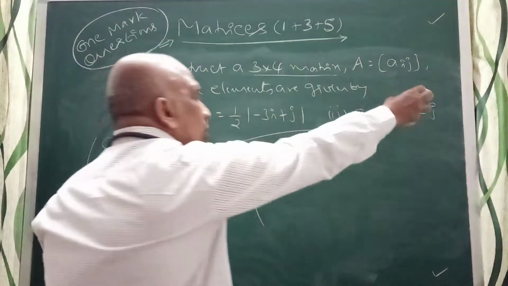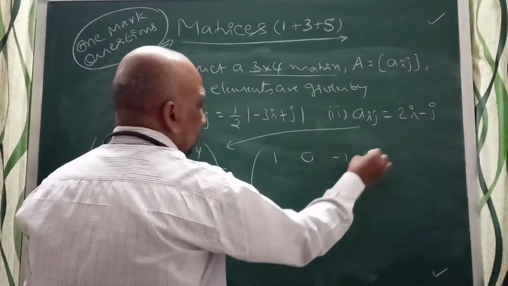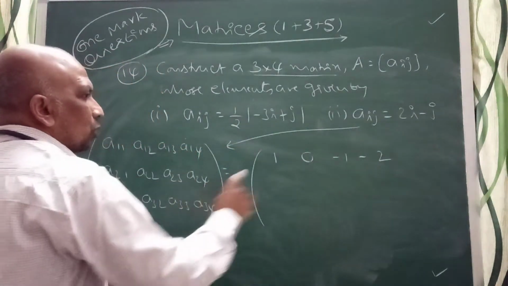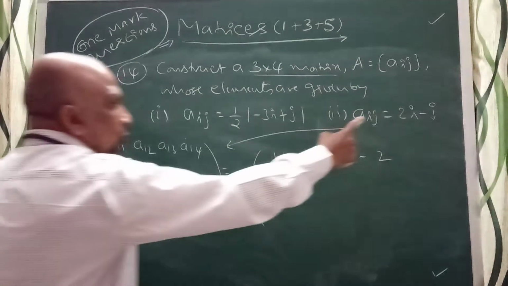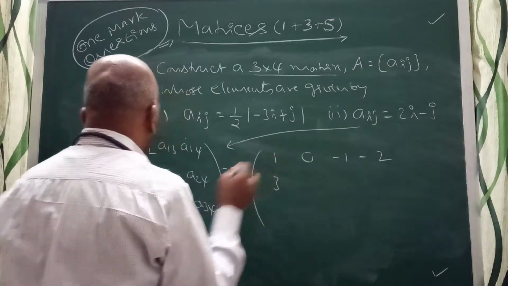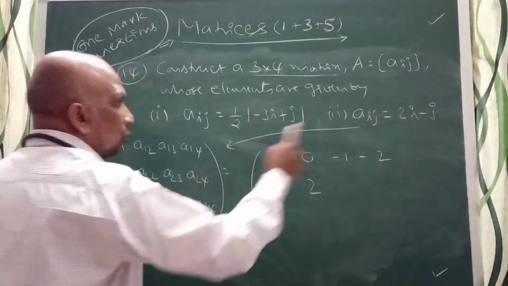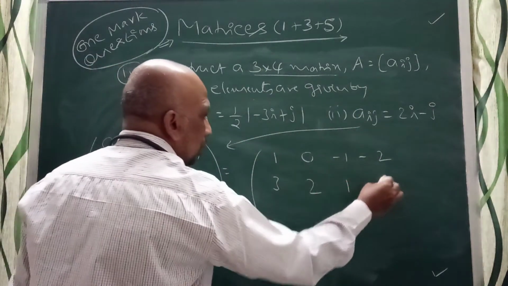Just follow this one, substitute the values. If you get 1, 3, you will get minus 1, because 2 minus 3. Next one, 2 minus 4, minus 2. Next one, 2, 1: 4 minus 1, 3. 2, 2: 4 minus 2, 2. 2, 3: 4 minus 3, 1. 2, 4: 4 minus 4, 0.